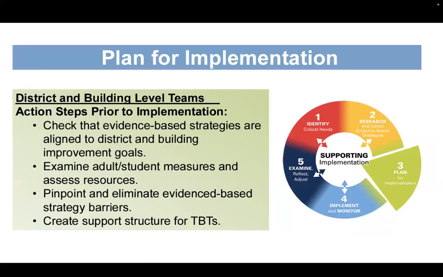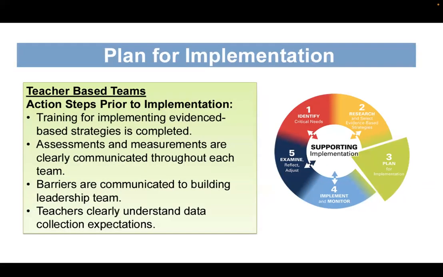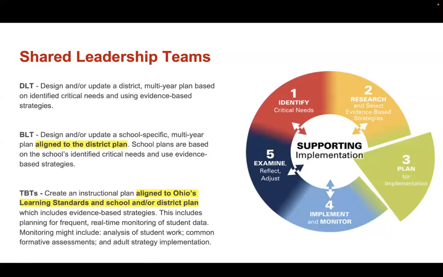Some of the things as far as those action steps we can work through here, where there are the building and district team levels, checking with the strategies. The district level teams are going to create the goals. Then when you get to your building level teams, you're going to make sure that the goals are aligned and that the things you're doing as far as implementation can be implemented with fidelity. There's a slide about the leadership roles.